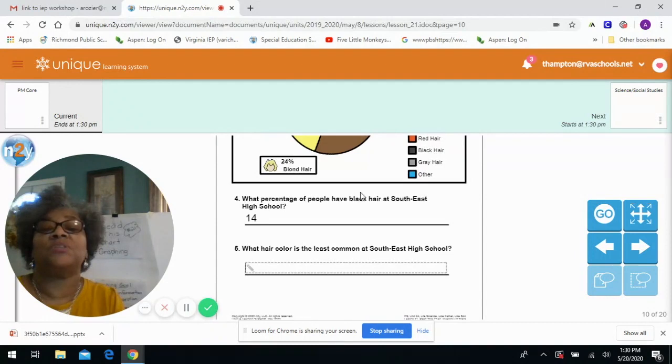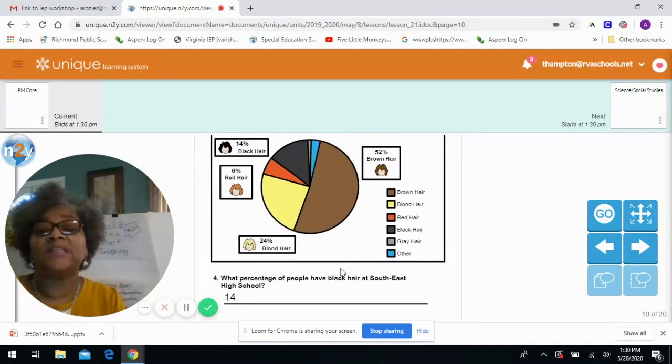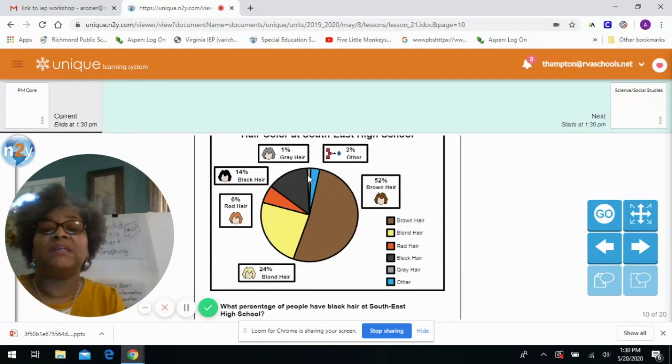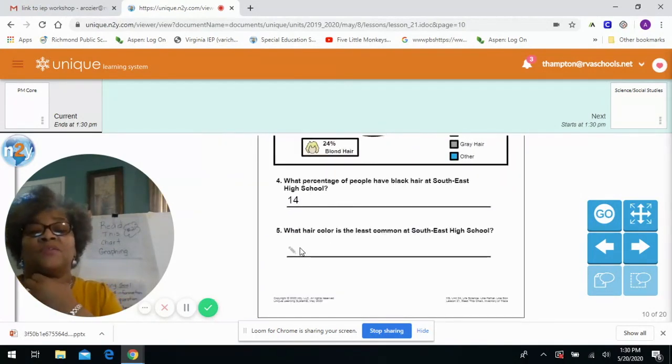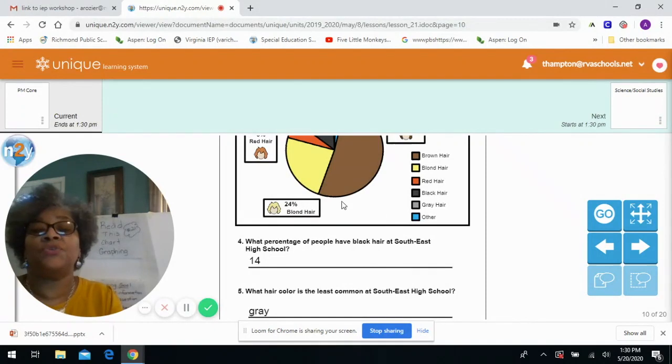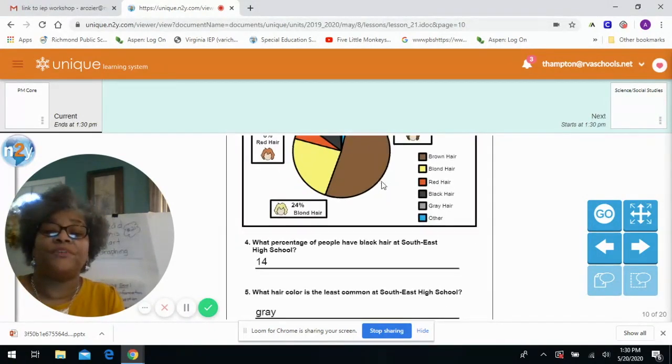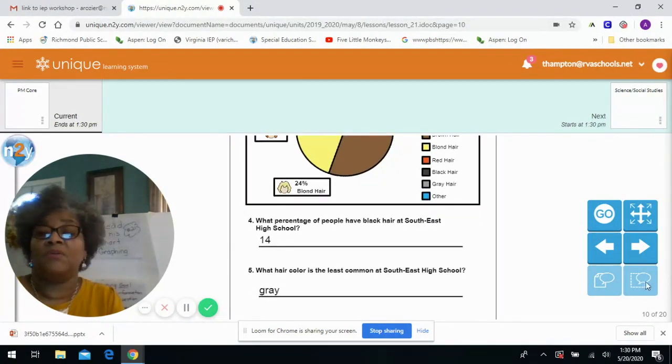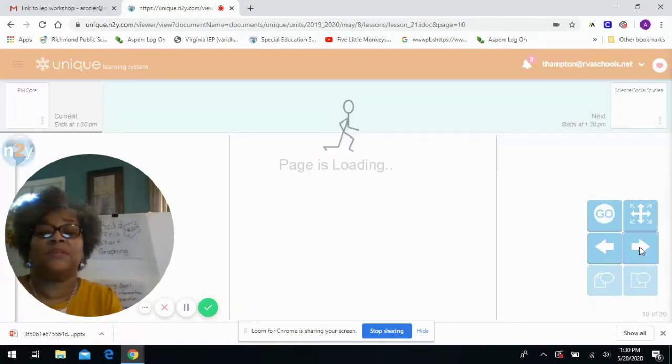Least common means the one that has the least, the little bit. And it would be what? Gray. Yes, very good. So that's how you look at it. When you make your graph, then you have questions about it. Okay? And those are the kinds of questions. What percentage of this did a person have?